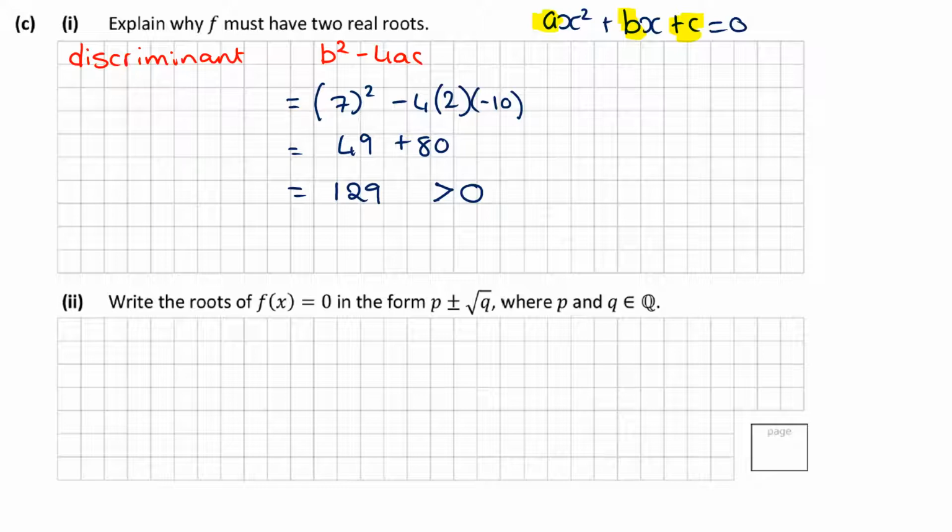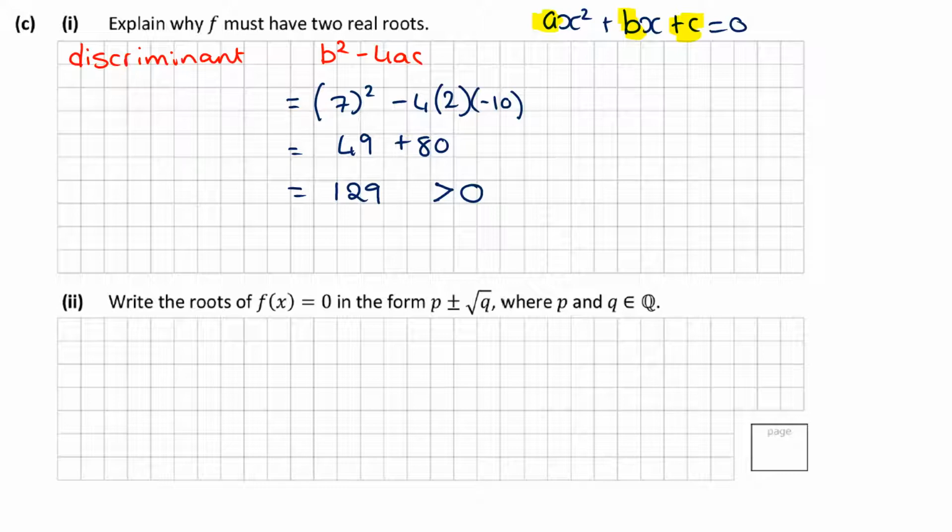So if you remember, we had 3 different things about the discriminant. If the discriminant was negative, so if it gave us a negative number, then it didn't have any real roots. And that's getting into the imaginary numbers, because we'll have a square root of a negative number. If the discriminant was equal to 0, it did have 2 real roots, but they were 2 identical real roots.